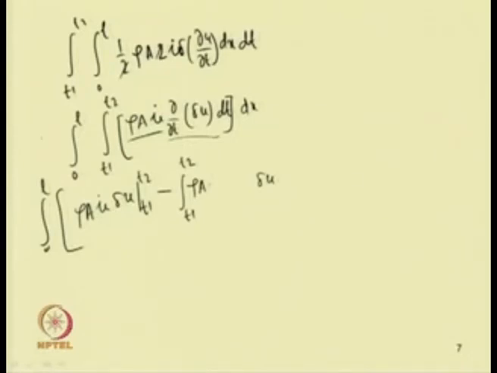So rho A u double dot is this del square u by del t square. So u double dot is nothing but del square u by del t square. So rho A u double dot into del u, so outside we have this dt and dx.